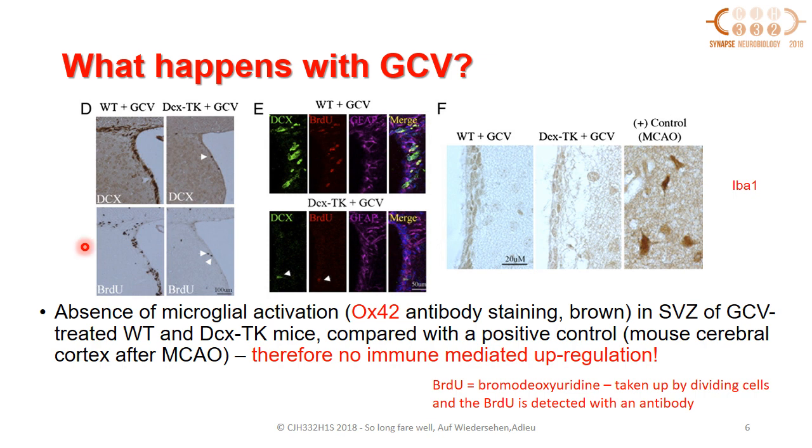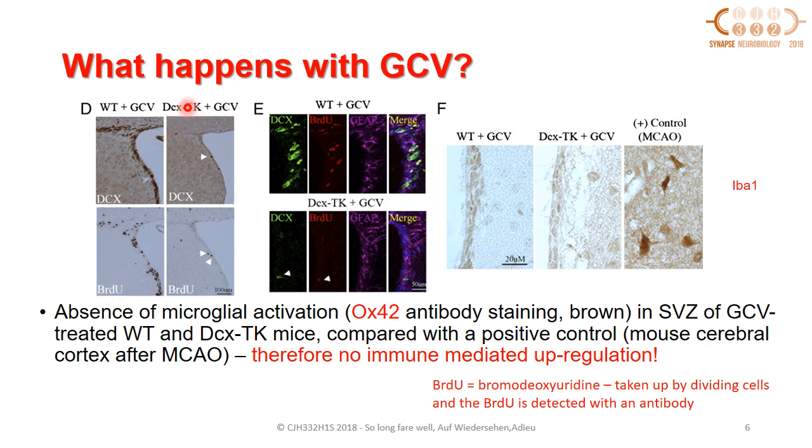So we see a lot of dividing cells in the subventricular zone, just as we would normally expect. Ganciclovir has not targeted them. They don't express thymidine kinase, and these little brown dots that you see here represent the dividing cells that are BrdU positive. So we've injected them with BrdU, we allow them to divide, then we use an antibody to stain for BrdU, and ganciclovir has done nothing to them.